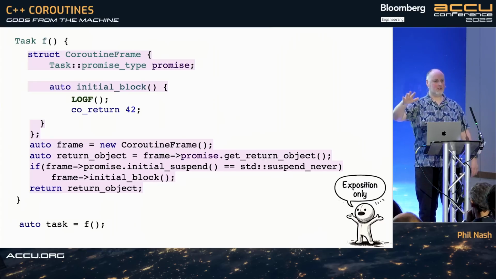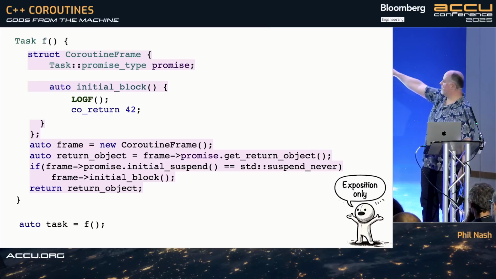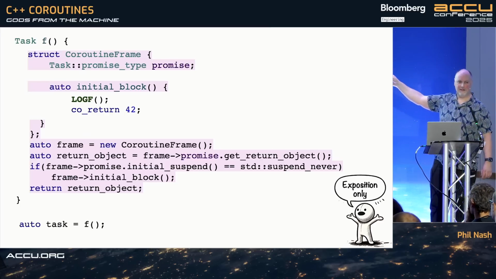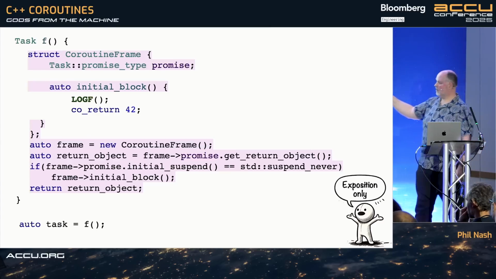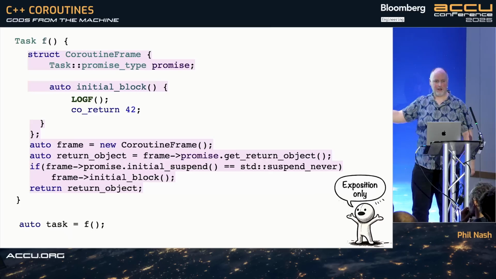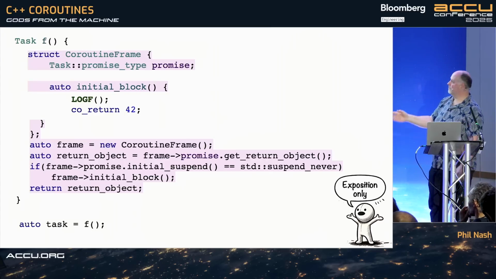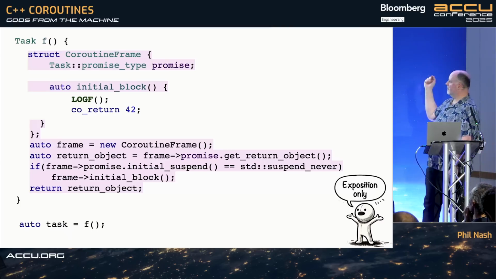Now, if you've looked at coroutines before at all, you'll know that this line here, comparing against suspend never, is complete nonsense. That can never work. It's just a mental model for now. When we look later at what suspend never and suspend always actually are, you'll see what we need to do instead. But we're just asking the promise type, should we initially suspend?